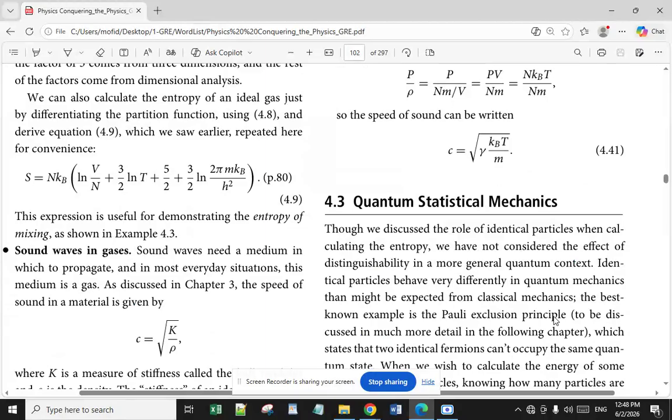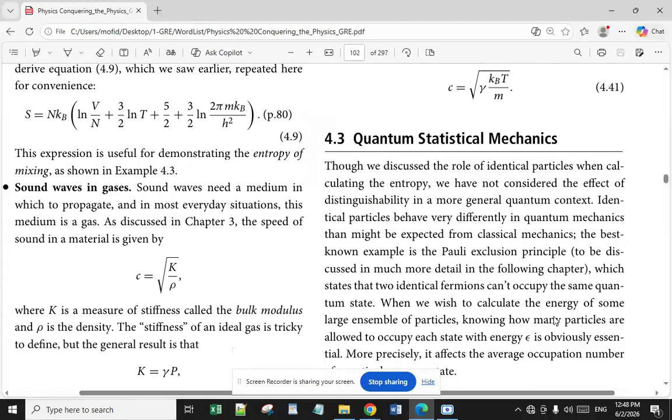Sound waves in gas. Sound waves need a medium to propagate, and in most everyday situations, this medium is a gas. As discussed in chapter 3, the speed of sound in a material is given by c equal to the square root of K divided by density, where K is the measure of stiffness called the bulk modulus and rho is the density.